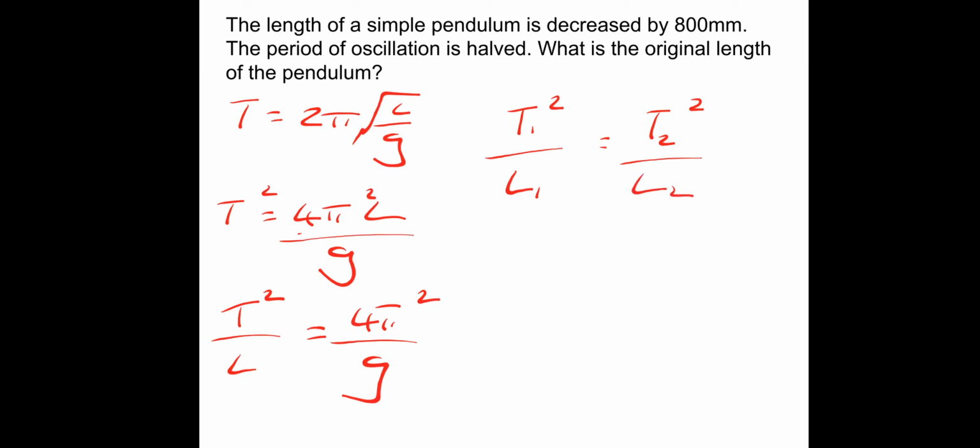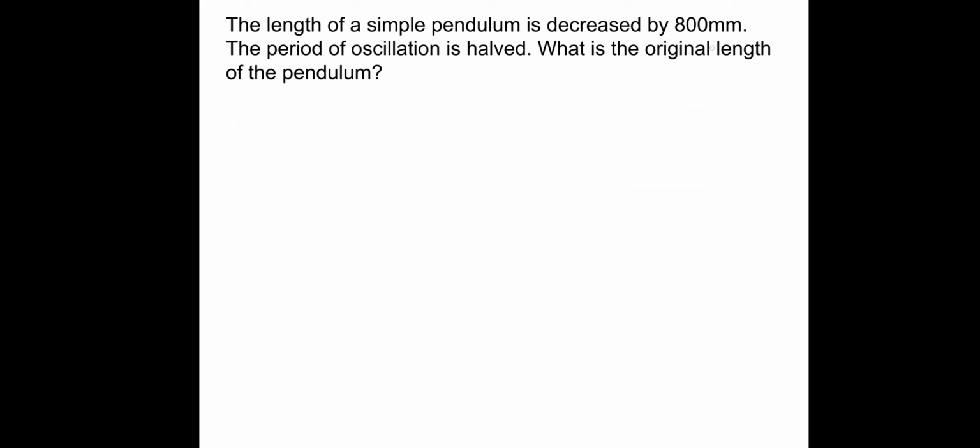So I'm going to clear the screen and then write this out again, but in a different way, so make sure this is written down. In the original scenario, we've got time period T squared divided by the original length, which we will call L. I'm going to make that equal to the time period in the second situation.